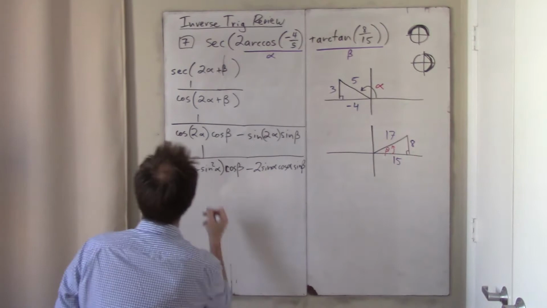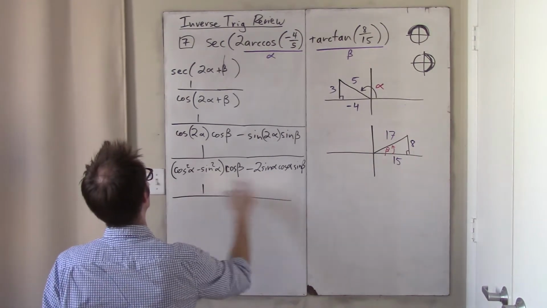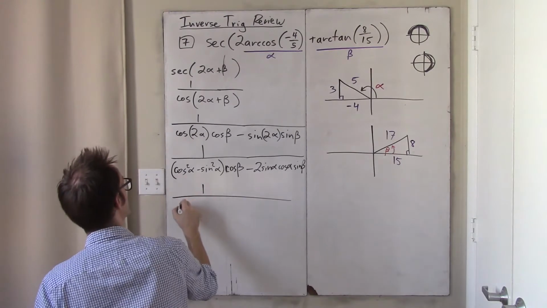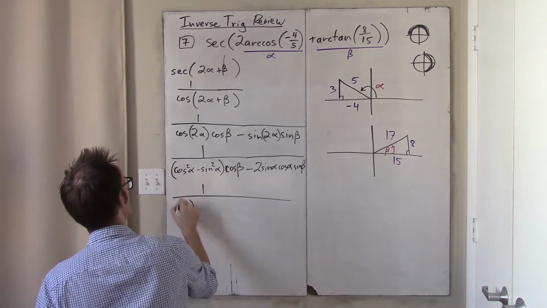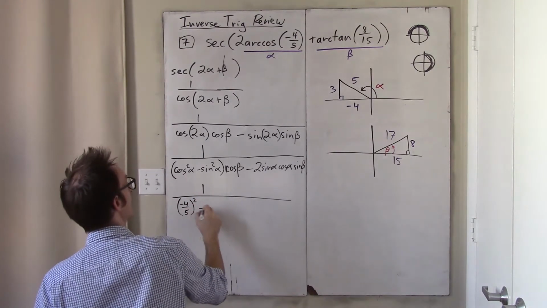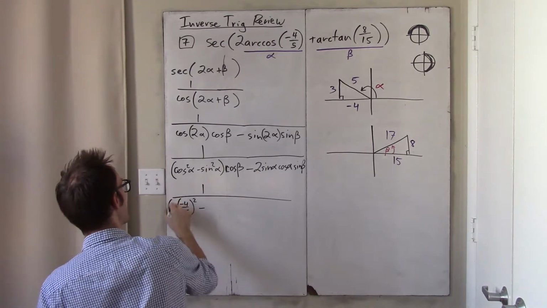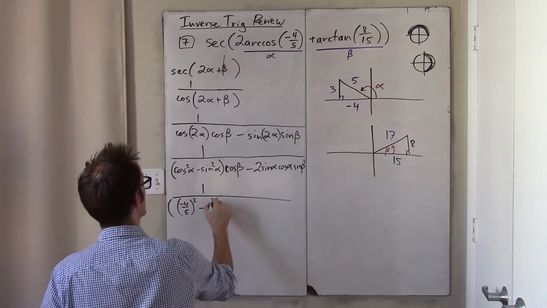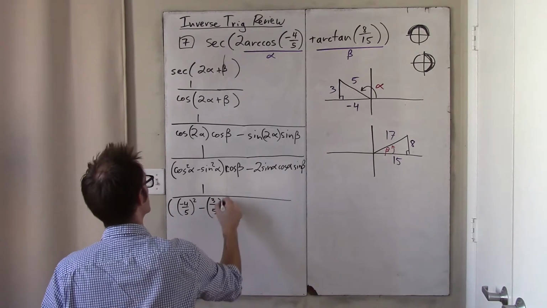and now I just basically do the problem, right? So this is 1 over, what's cosine squared alpha? Well, it's negative 4/5, so negative 4/5 squared, minus sine alpha, which is 3/5 squared.